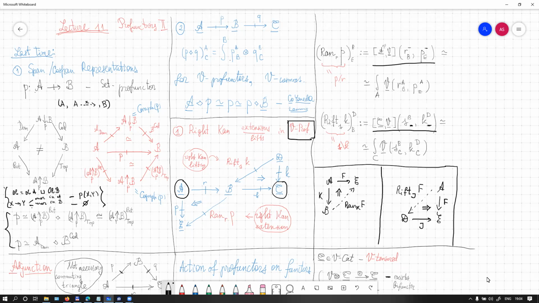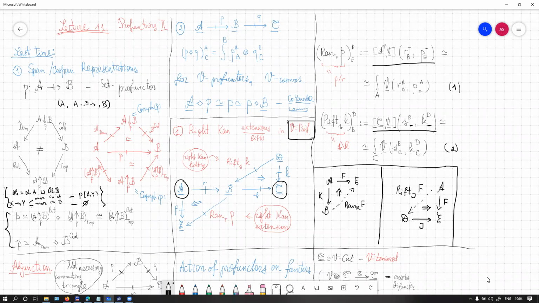Kan liftings and extensions can also be given by the coend. How does this happen? We have a theorem that natural transformations between two functors are given by an end. So that I gave by ends here in the formula, let's say 1, here in the formula, say 2. Well, and now I want to introduce a certain notation.